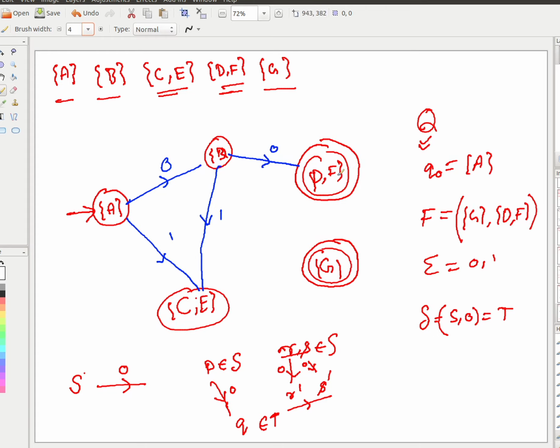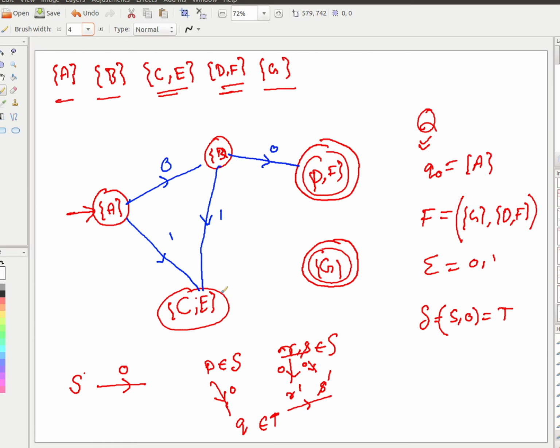Now you can try drawing the other transitions, and you realize, for example, for C and E, where does it go? And D and F. I think in this case you have already seen that it goes to the same place, but in general it will always happen that if you pick one of them, it takes you to the same block as the others. So let me just complete it for your sake.